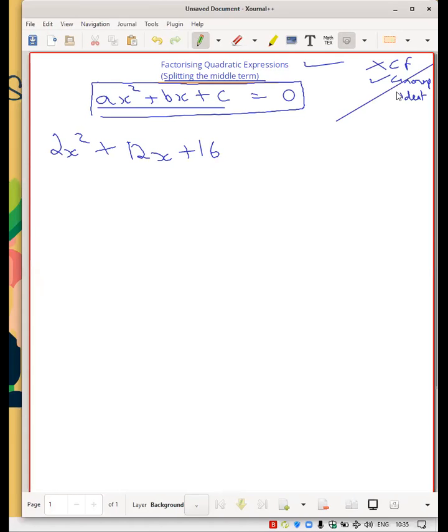So what do we do? Split the middle term? Tell me, what do we do? Sarah, first step.